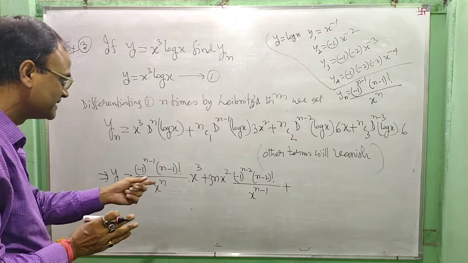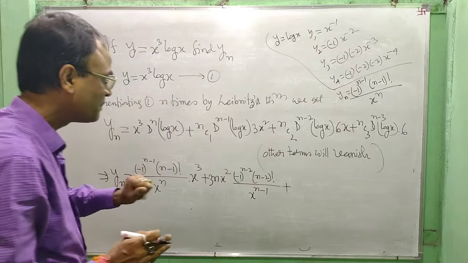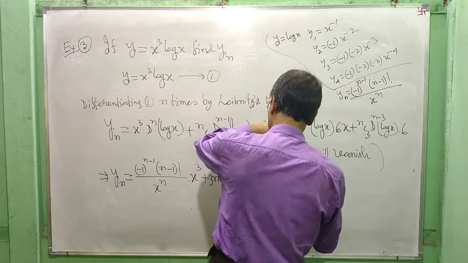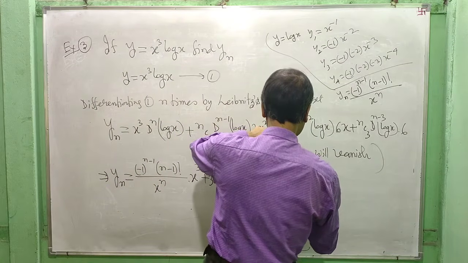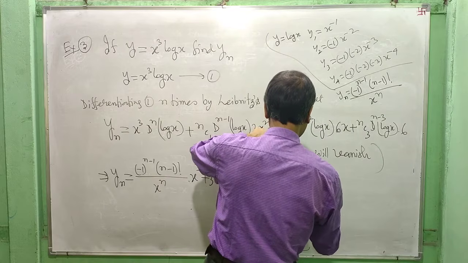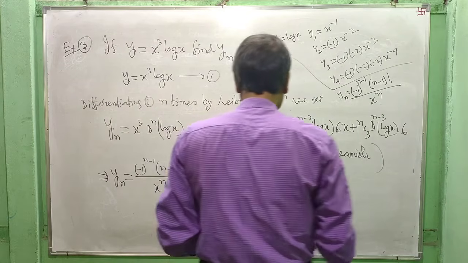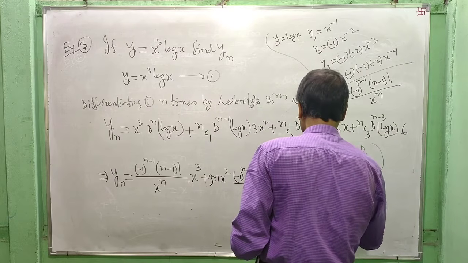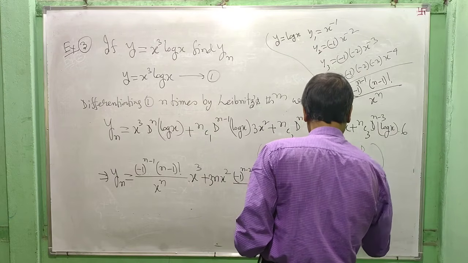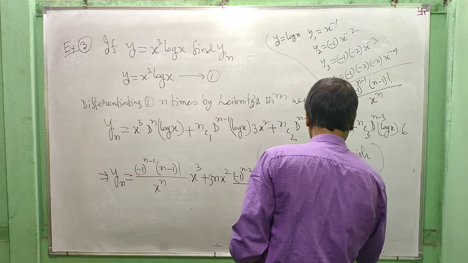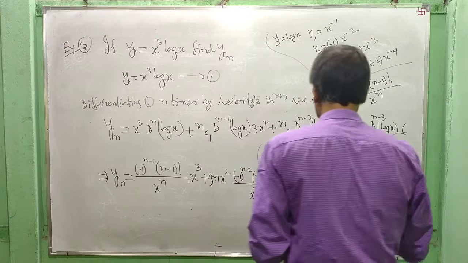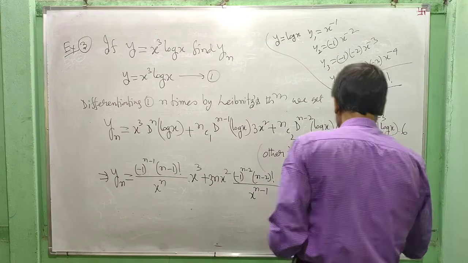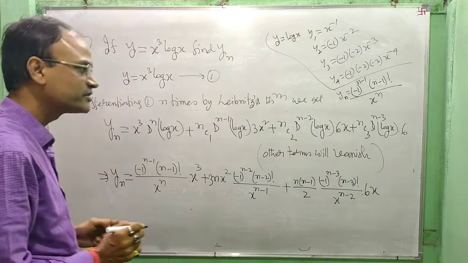Plus nC2, where nC2 means n into n minus 1 divided by 2. It will be minus 1 whole to the power n minus 3, factorial n minus 3, divided by x to the power n minus 2, into 6x. You will get this.